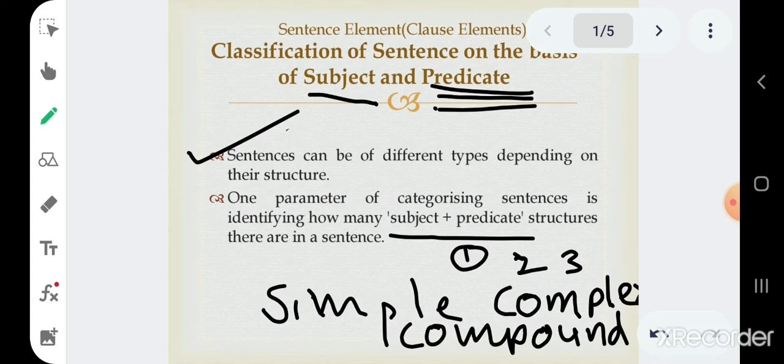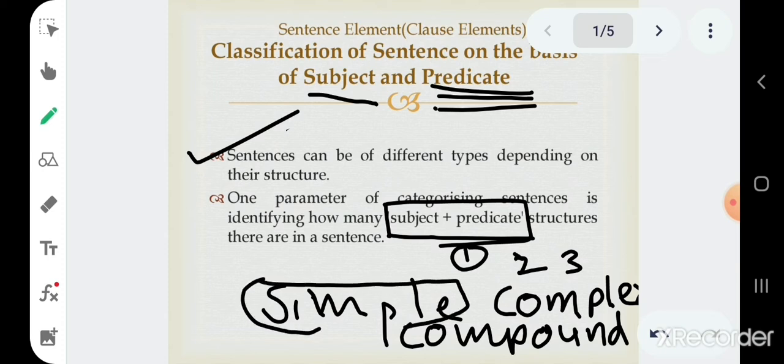Okay, is it quite clear to you? If a sentence has only one subject and one predicate, the sentence is called a simple sentence.